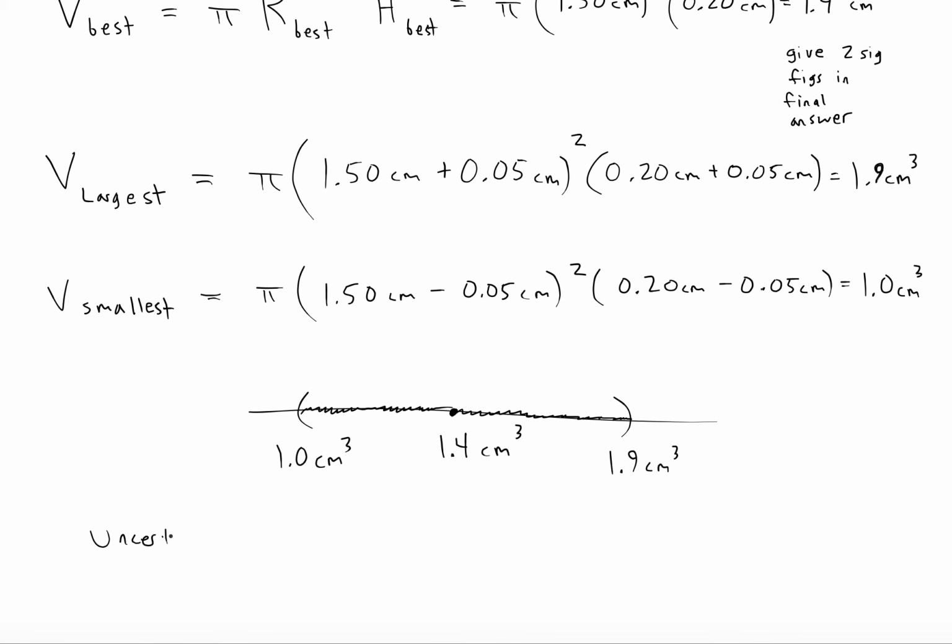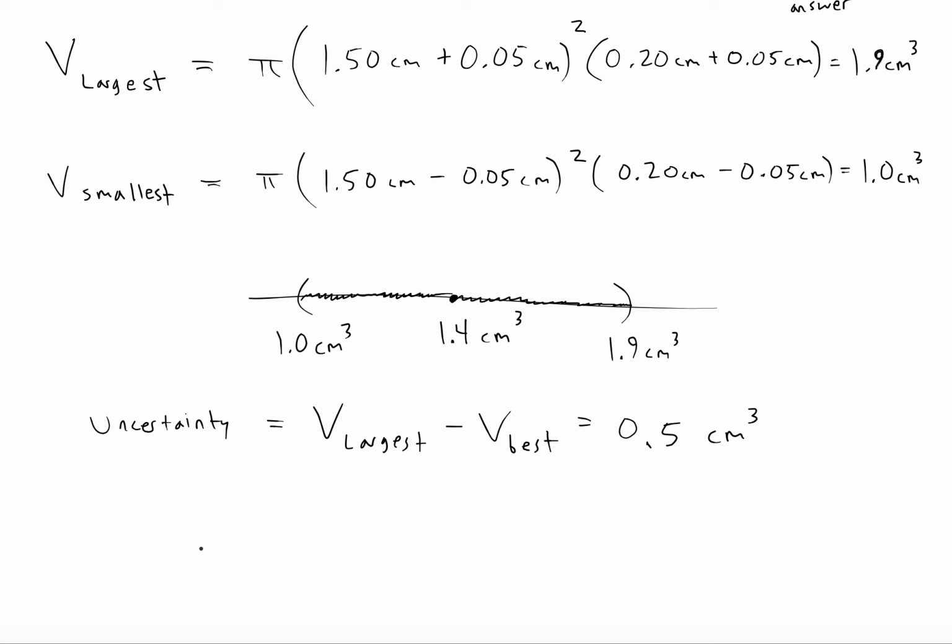The uncertainty will be the largest minus the best, is one way to find it. So it's 0.5, it looks like, cubic centimeters, 0.4, 0.5, around there.